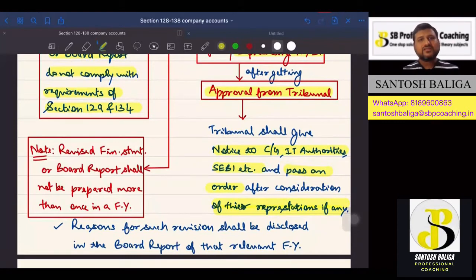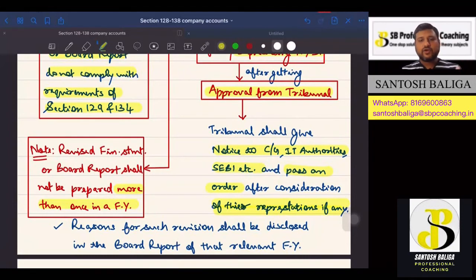Now, there is one particular note that has to be very clearly understood. The revised financial statement or board report shall not be prepared more than once in a financial year. There is only a single opportunity given to the board of directors to revise the previous 3 years' financial statement or board report, and only once in a financial year.